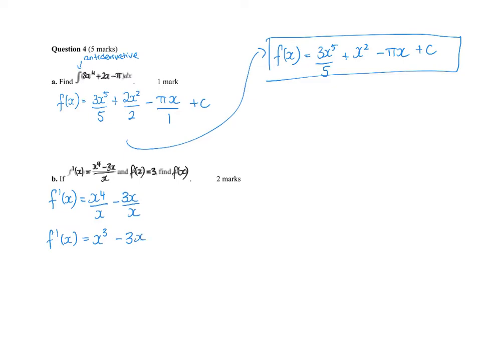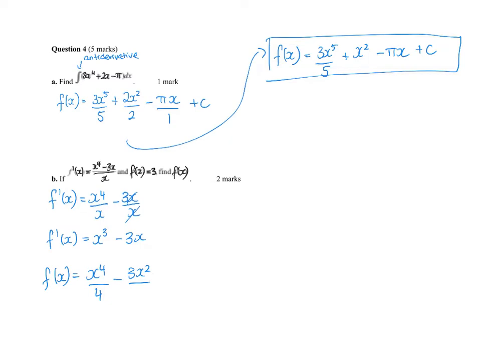Okay, now I'm going to go find the antiderivative. So I'm going to go back to f of x. So I'm going to go x to the power of 4 and divide by that new power, minus 3 to the power of 2 and divide by that new power. Oh, sorry, this one's not x, is it? What is it?